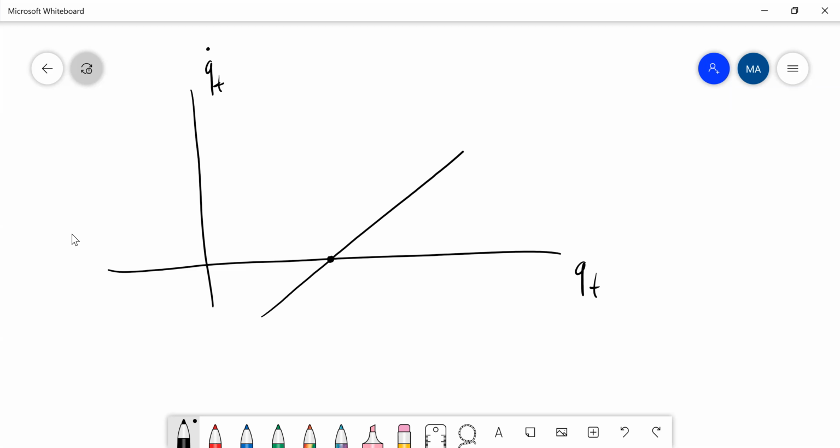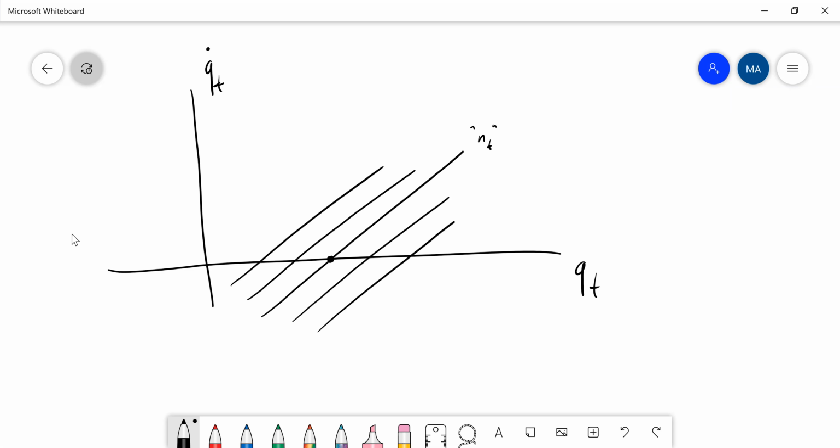Of course, that depends on N(t), so when N(t) changes, that location will change, but essentially the slope is always equal to r plus delta and positive. What does it mean? It means this differential equation is unstable.